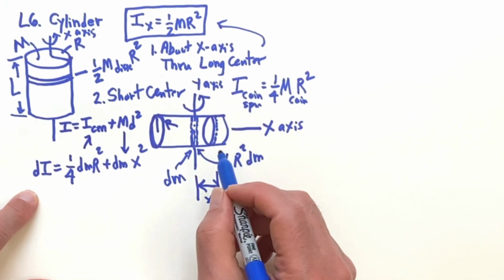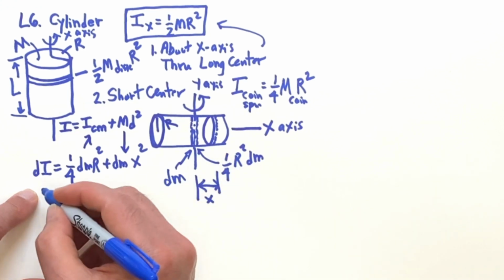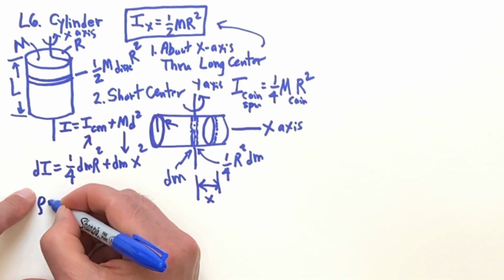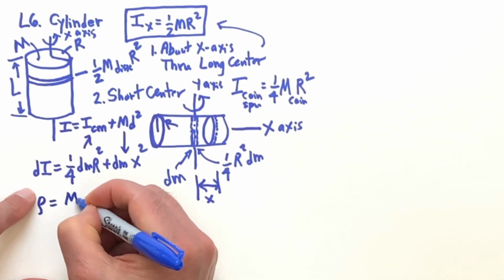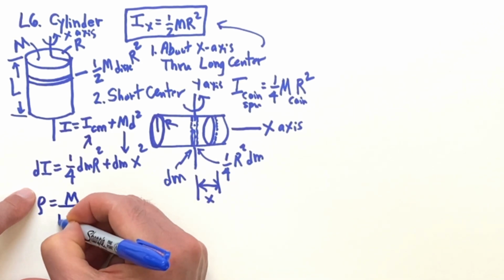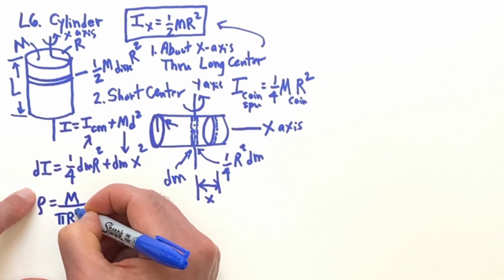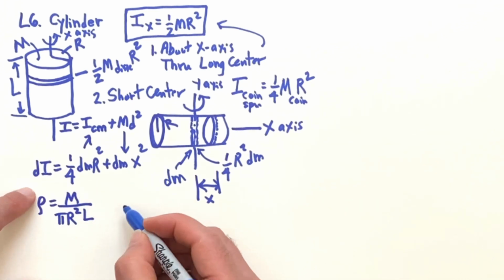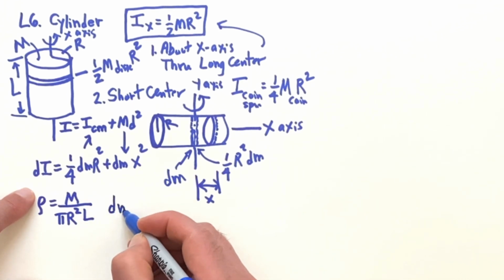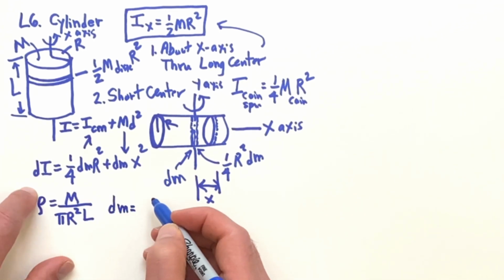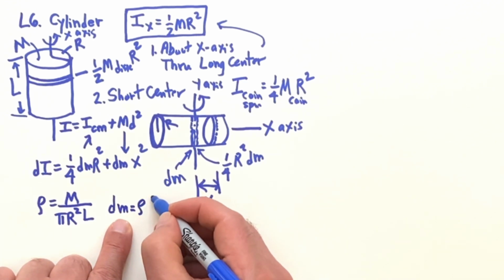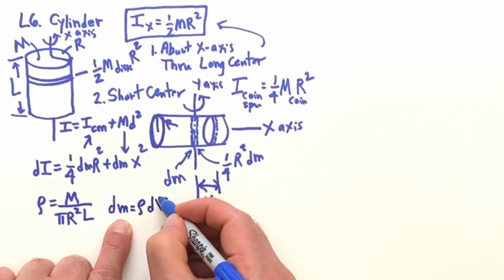So then I need to integrate all these up. Now I like to use here, since it's a solid, rho for the density. And the density is big M over the volume of the cylinder, pi R squared times L. So that means dm is going to be equal to this density times the differential volume.